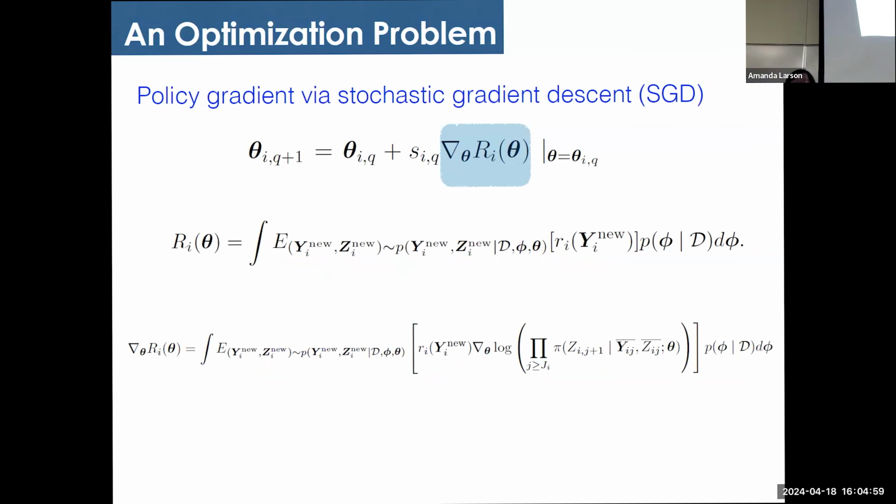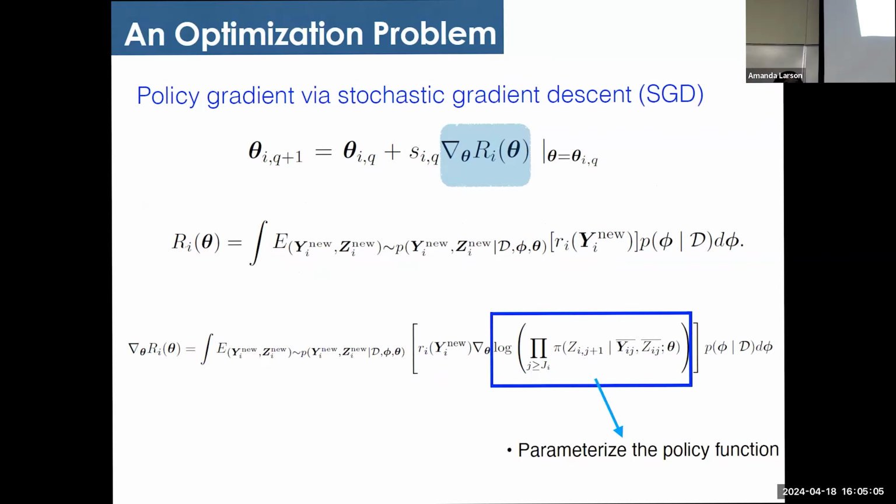So actually it has three major parts. The first part is a log policy function. That means if you can parameterize the policy function, you can write down this part in analytical form. Another part is the expectation with respect to the joint distribution. That means if you have a joint distribution on the state and the treatments, you can sample future states and do this expectation numerically.